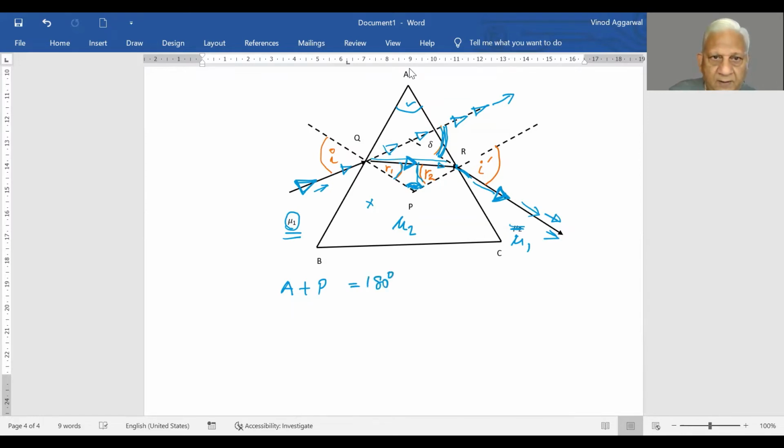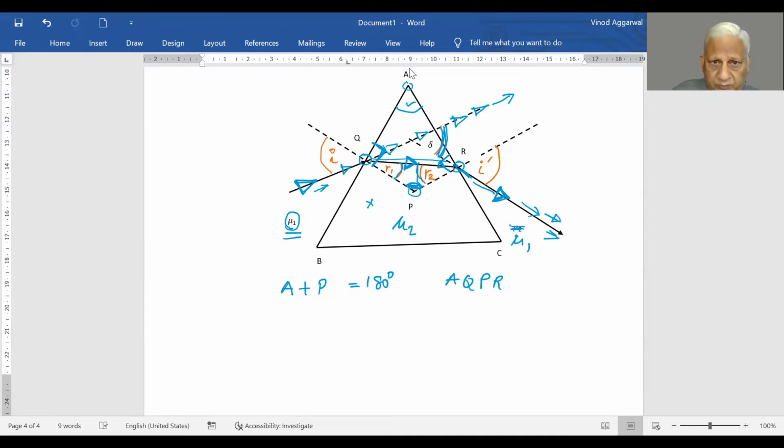Because this angle is 90 and so is this angle 90. So if we talk about this quadrilateral A, Q, P, R, it is a quadrilateral whose internal angles sum to 360.